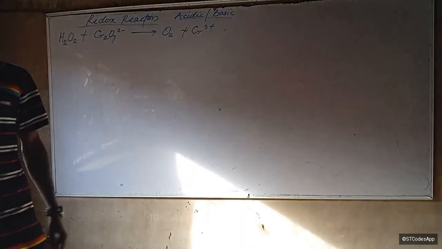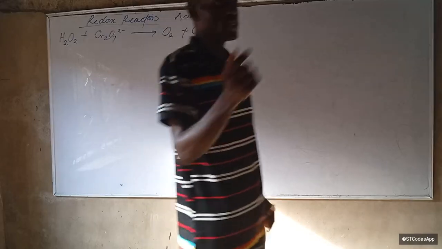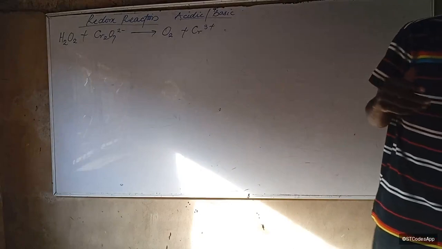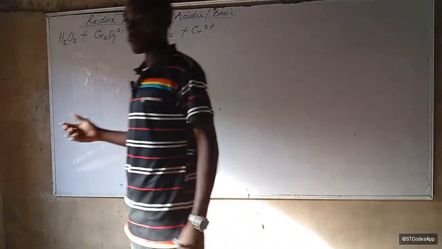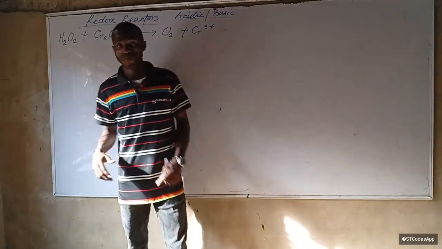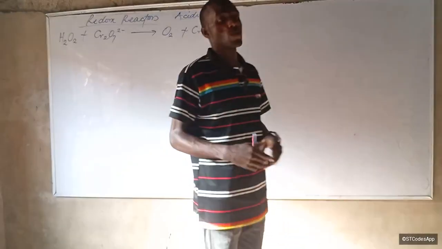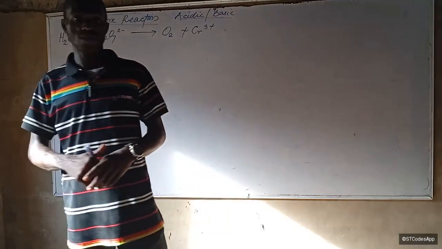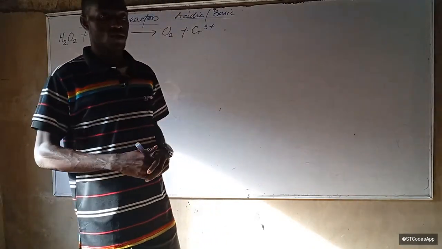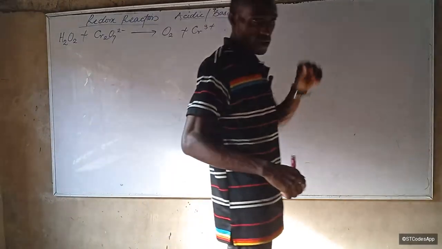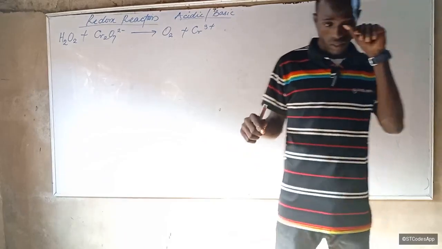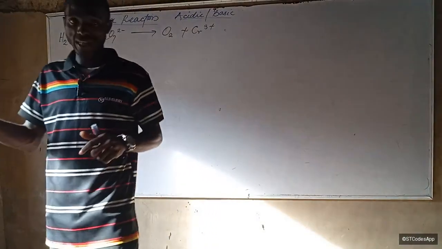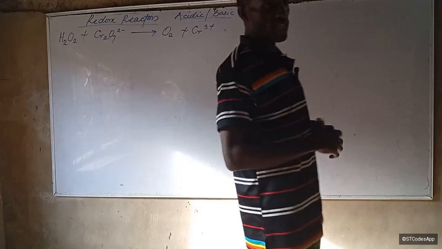Is that okay? Balance positive charges by adding electrons. Then the next one is to multiply both reactions by a factor, multiply both half reactions by a factor that equates the number of electrons on both sides.